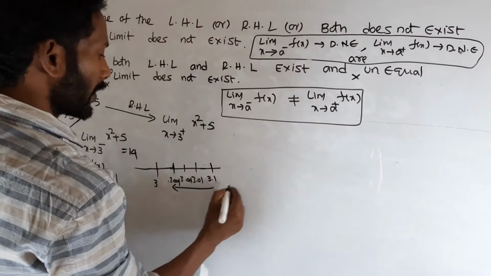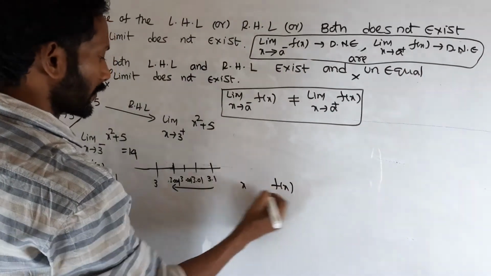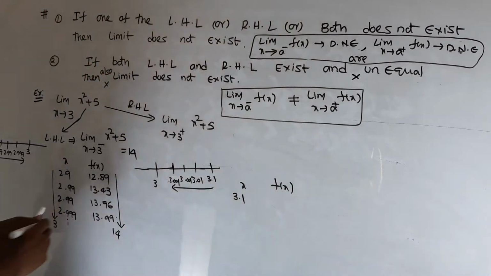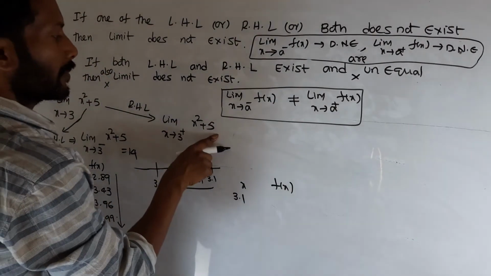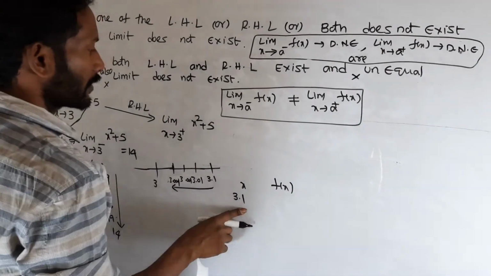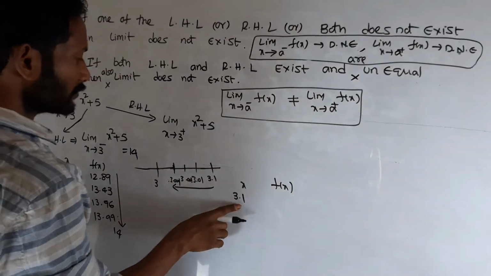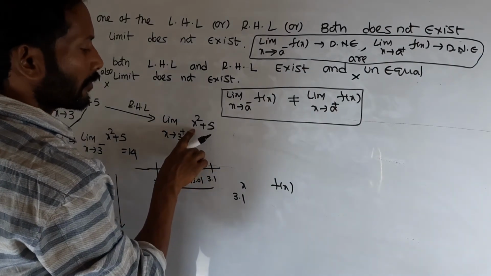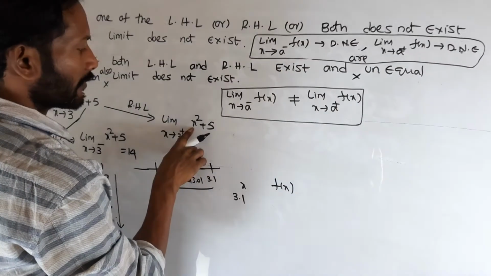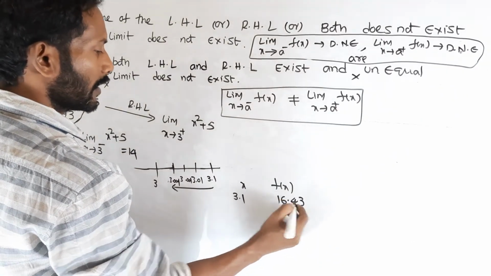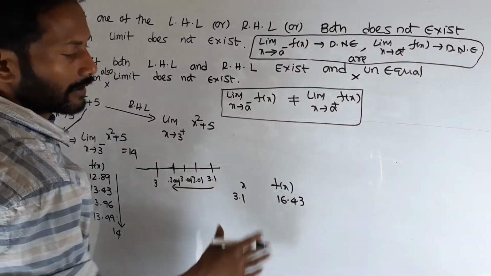Now x and f of x. First x is 3.1, and 3.1 means it is greater than 3. Closer to 3 square, 9 plus 5, approximately 16.43. These are just close values, not exact values.